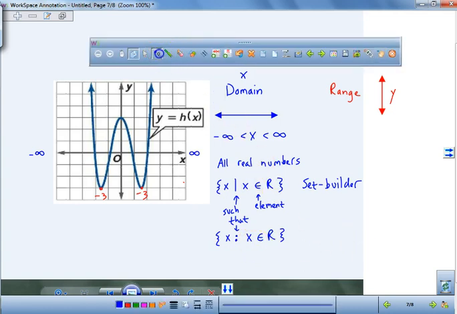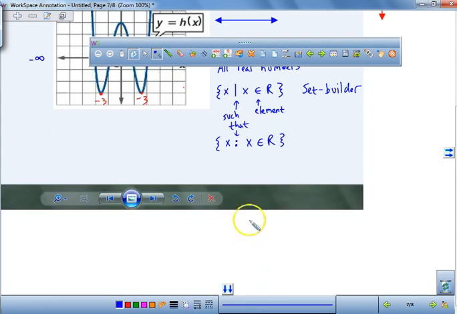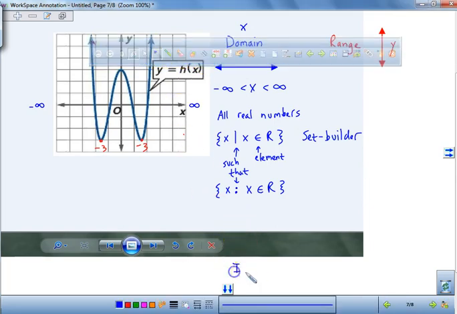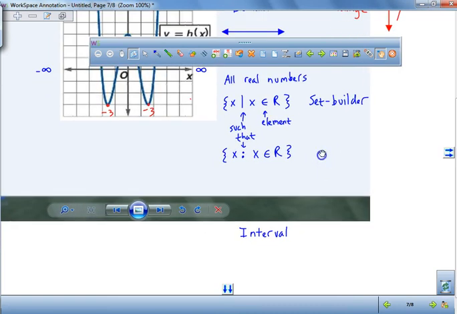Now the last notation we're going to talk about is this thing called interval notation. So I'm going to write interval notation. I'll put it right down here because it's a little bit easier to see. Interval notation, I think, is like the easiest to write. A lot less symbols, makes it very easy. And what did we say the domain was?